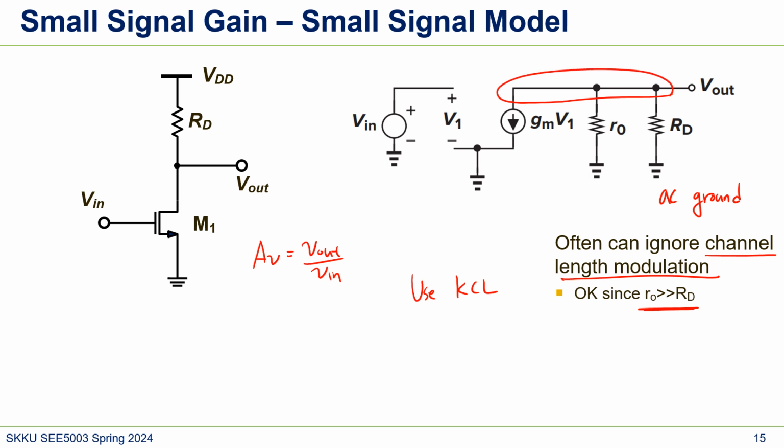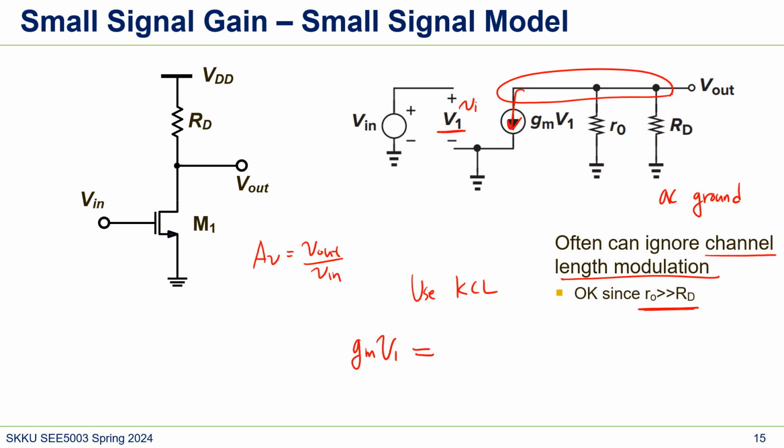So gm v1 equals the current from here. In Razavi, they write it as capital, but I personally recommend writing it as small signal, lowercase letters, not capital.